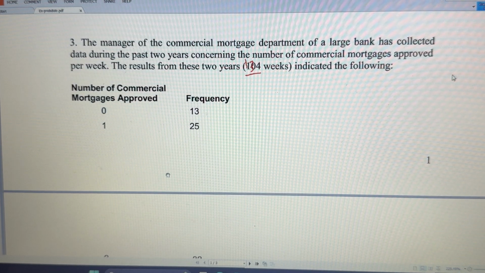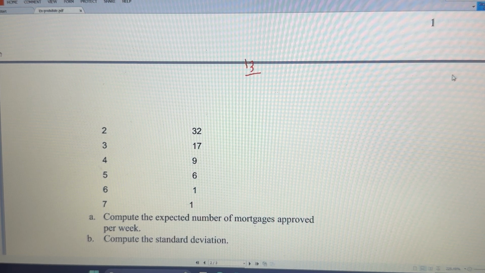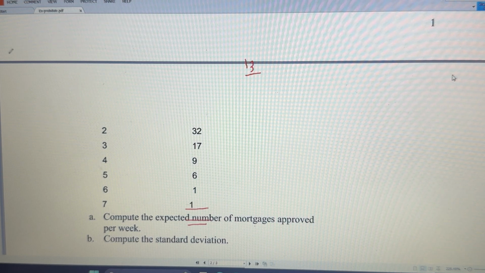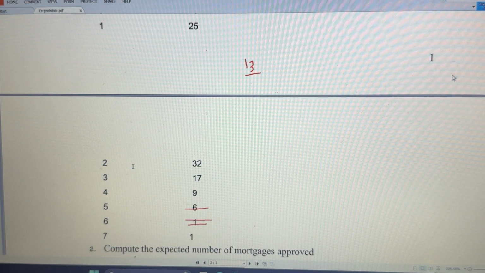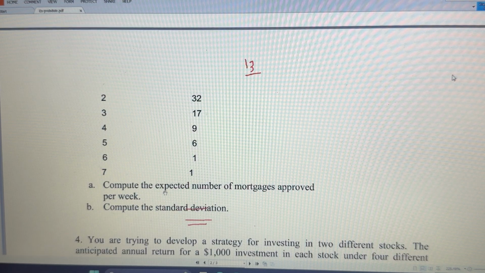Total is how many? I mean, you have to find the total of these, no? You had 13 divided by the total, then 25 divided by the total, then after that you can find the expected number and standard deviation.